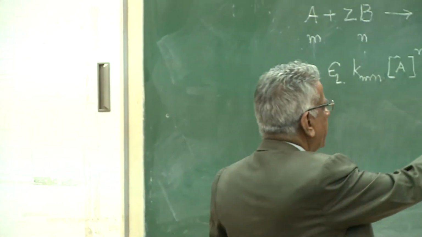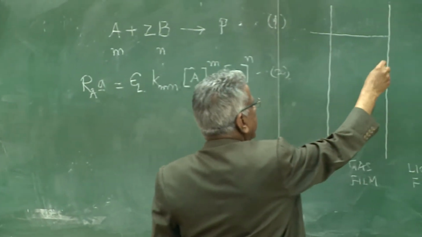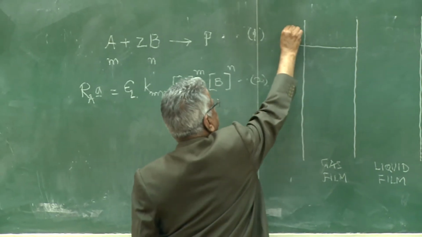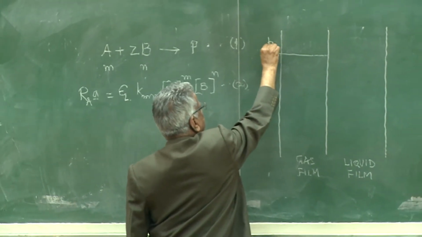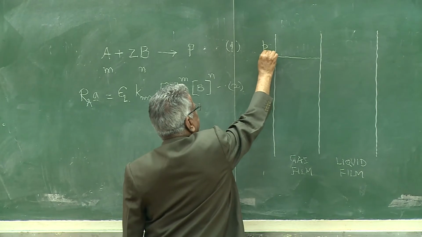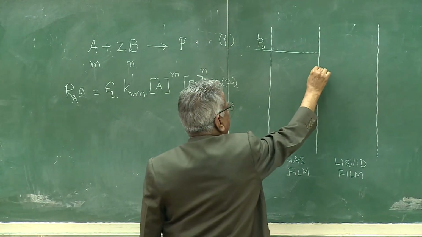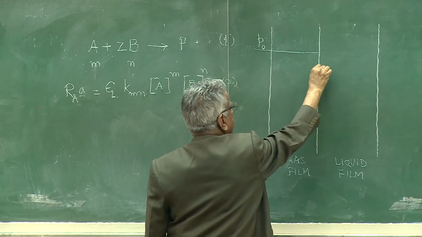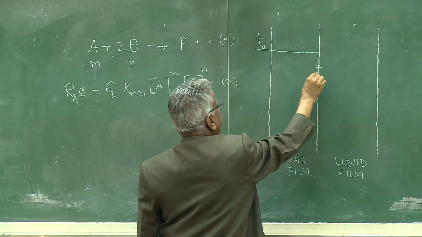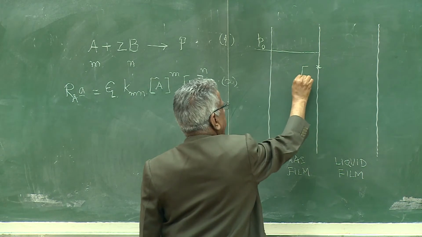So, the partial pressure in the gas is denoted as P naught, and the saturation concentration at the interface is A star.